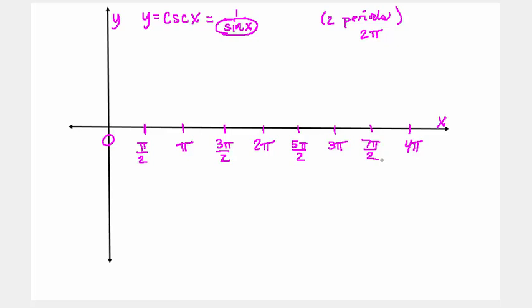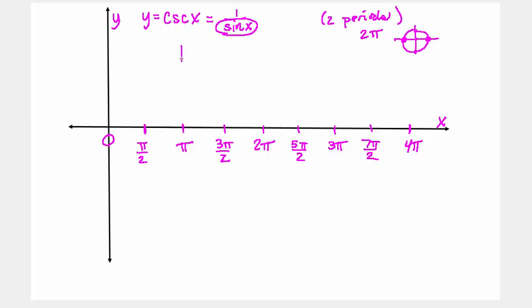Now, the asymptotes will occur where our function is undefined, which is where sine of x is 0, since that's what we're dividing by now. So let's just do a quick sketch of our unit circle. Where is sine 0? Well, that's on the x-axis locations, which of course is 0, pi, and any multiple thereof.